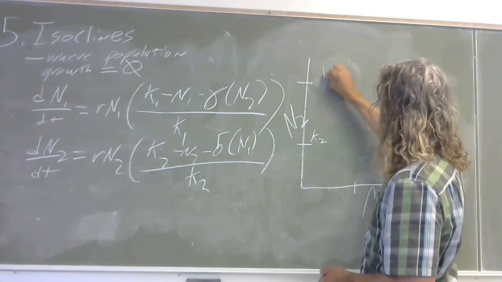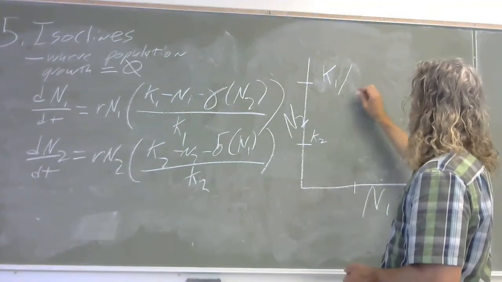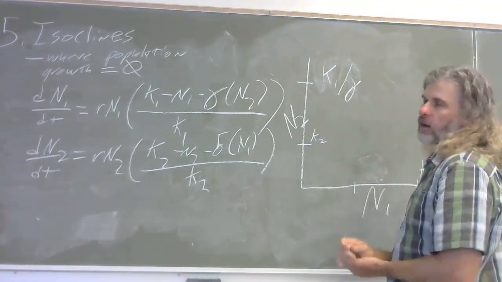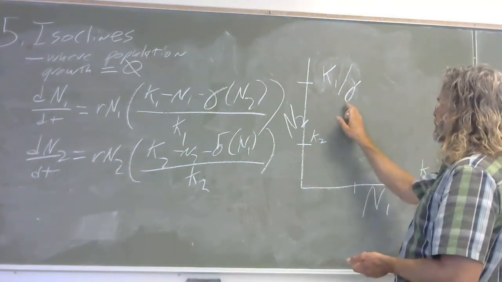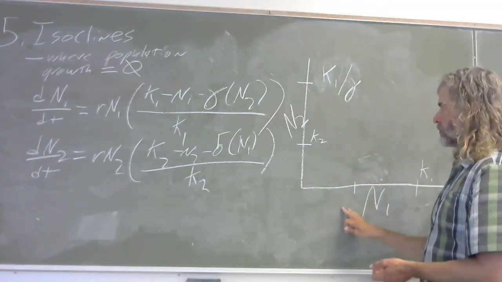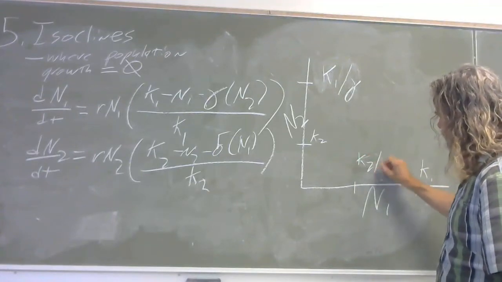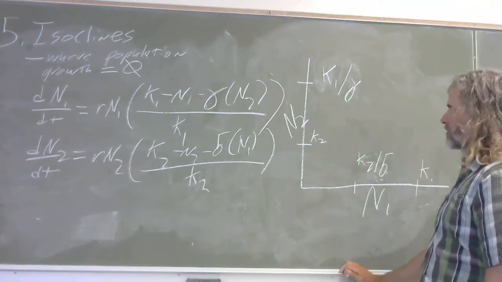And the way we're going to do that is by having the carrying capacity of species 1 divided by the interspecific effect of that species on it, and then we'll find another place to have the other respective interspecific effect. So again, K2 divided by the interspecific competitive effect.